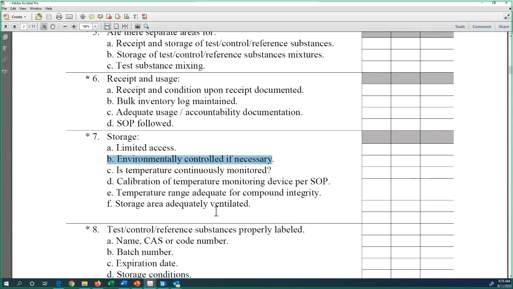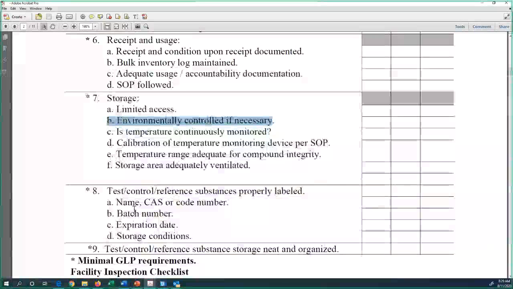Okay, then it's about the name, class number, batch number, everything should be labeled. For example, you have the vial standards, typically it's 0.1 gram. And do you have all the information on that? So basically, we put the ARS number, analytical reference number, which is the number there.